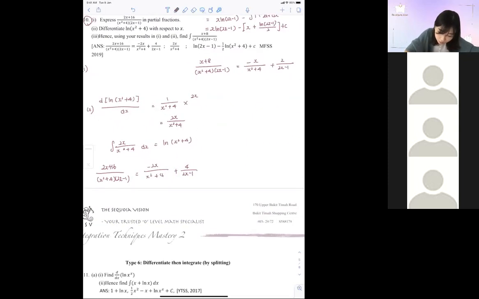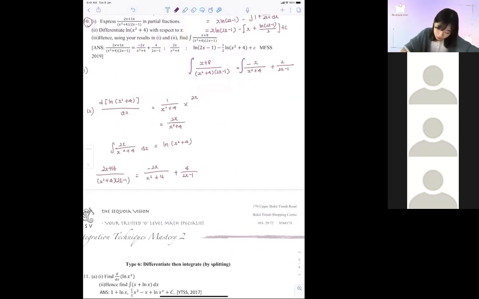Okay, so integrate. This is the same as integrating this. One by one we do. All right, this one. So I have here minus x over x squared plus 4.